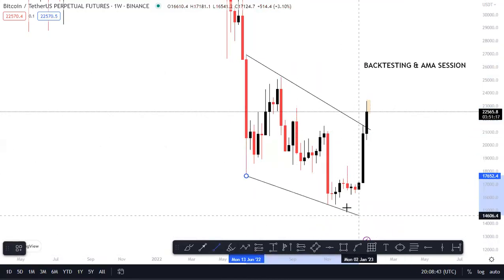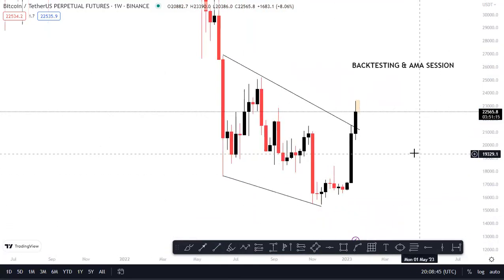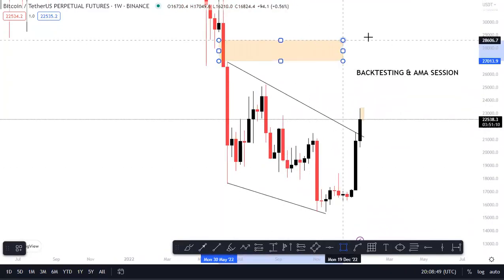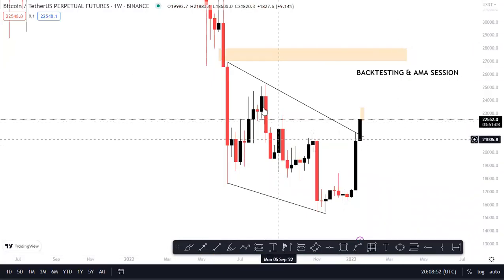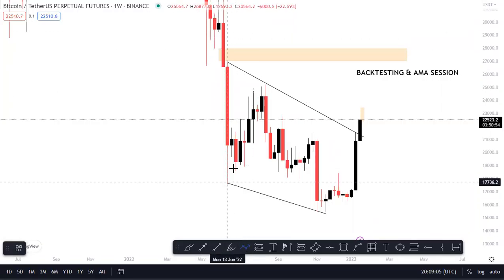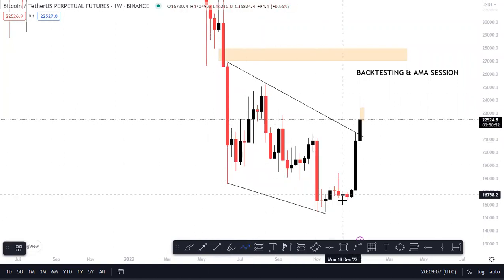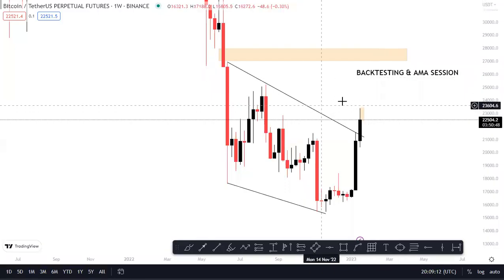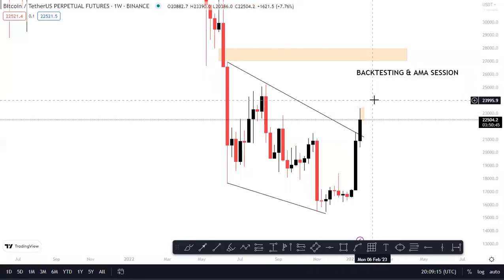Here, price was making a series of lower highs and lower lows, until we got ready to break out. This is me using chart patterns to explain things for you.